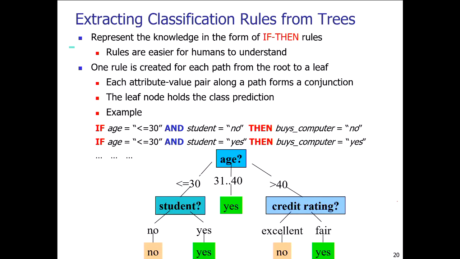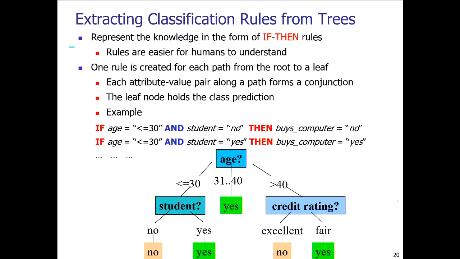Because when you split them into 2 partitions, for the partition of larger than 30, you can split them into another 2. And this gives 3 partitions, and you will have a smaller entropy. Okay?